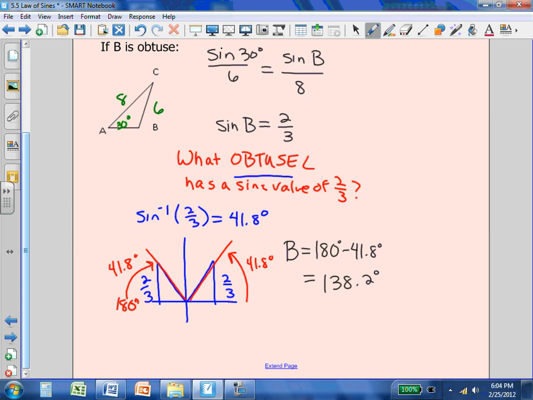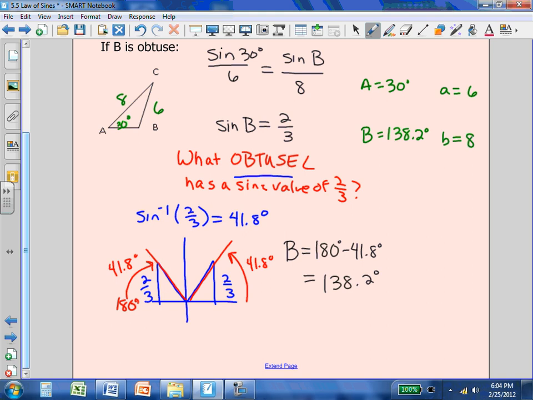So right now what we have is that angle A is 30, that angle B is 138.2 degrees, side A is 6, and side B is 8.